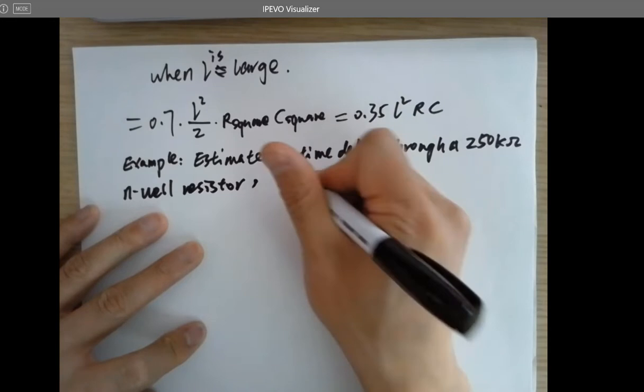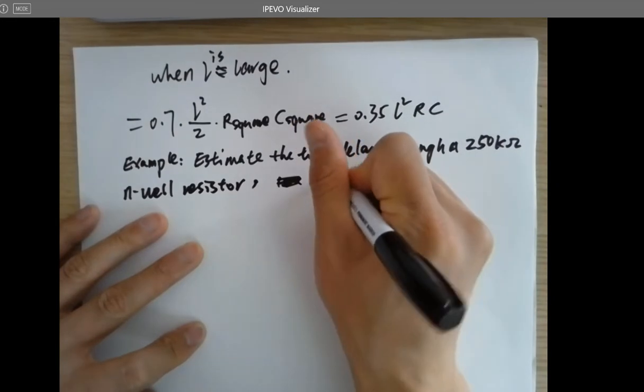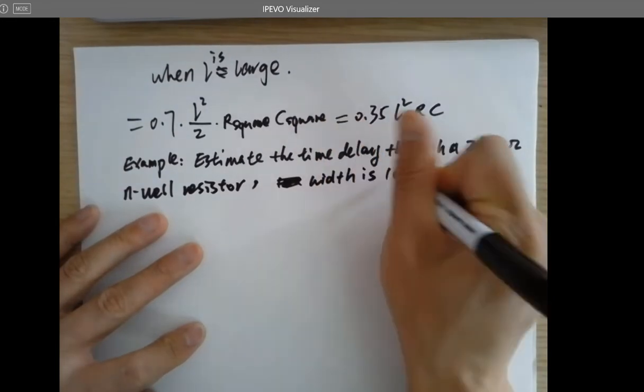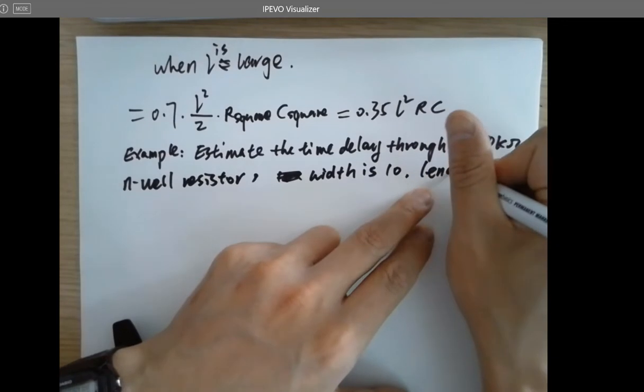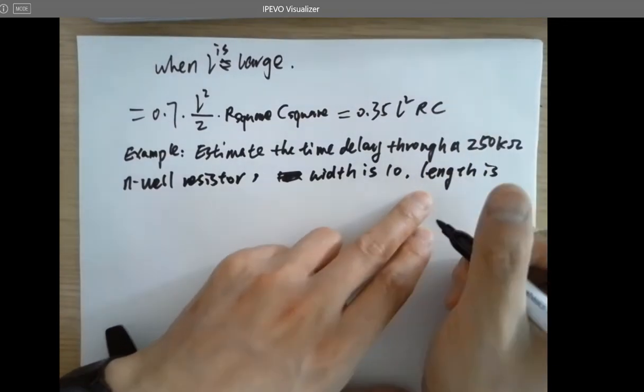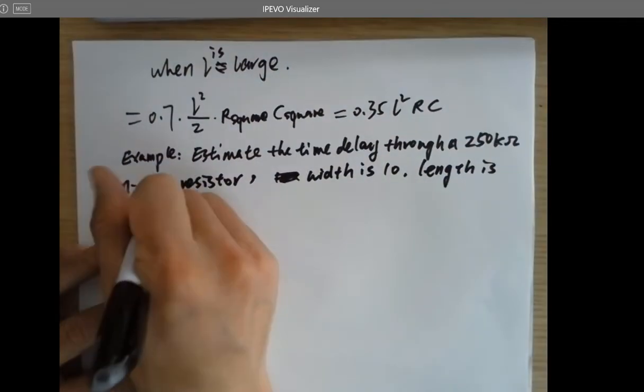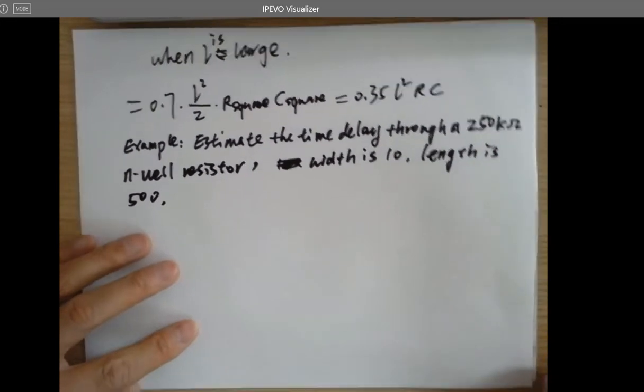So the width is 10, that's N-well, and length is 500 lambda, right?